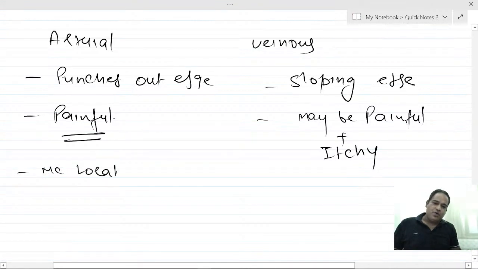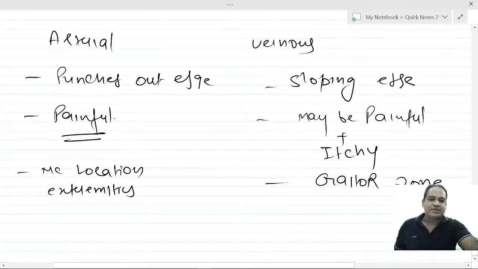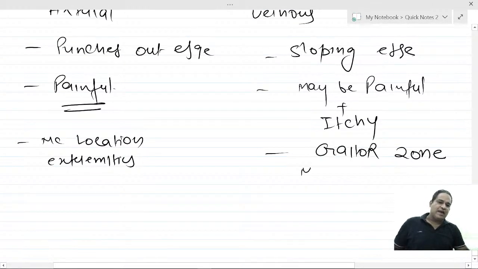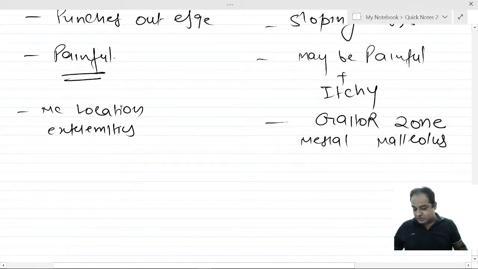Most common location is extremities for arterial, and for venous it is the gaiter zone, that means near the medial malleolus.